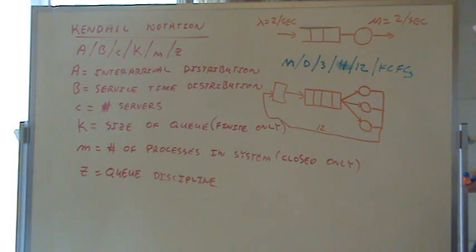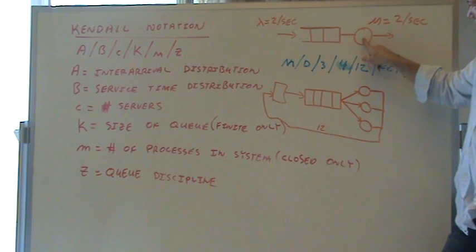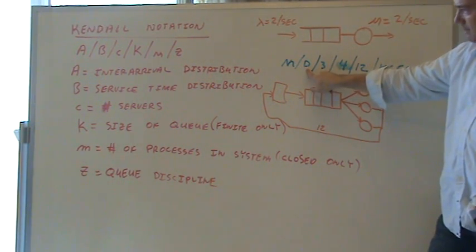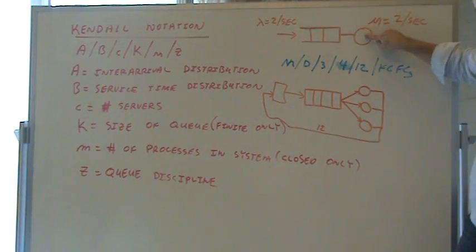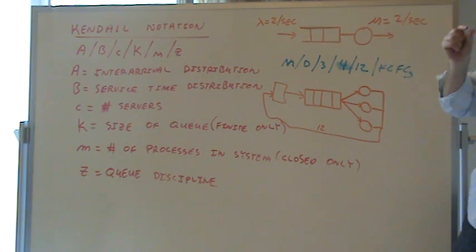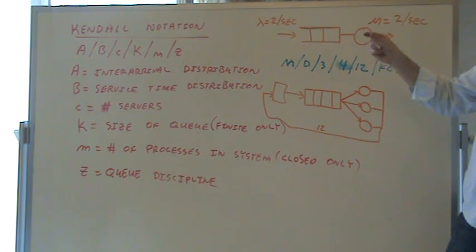For example, if I said the service time is deterministic and operates at a rate of 2 per second, a D means the distribution is deterministic. That means if you put something in this server to be processed, it will take exactly half a second. Never a little less, never a little more. It takes exactly half a second and it's done. Because it's deterministic, the amount of time it takes is exactly the same every time.